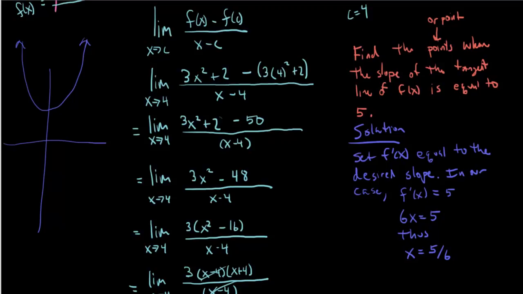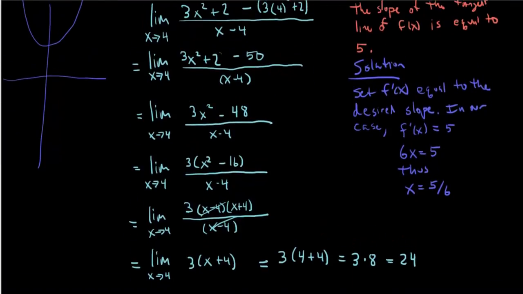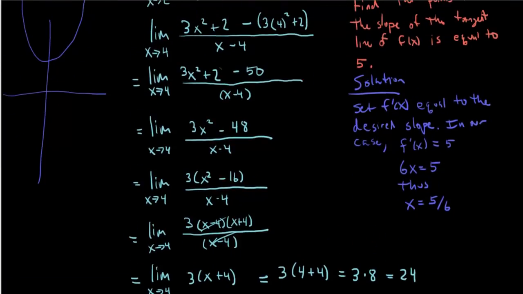What's the tangent line? The equation of this tangent line. Okay, well, the slope is 5, and the point has x equals 5 over 6. What's the corresponding y value? Well, our function was 3x squared plus 2.